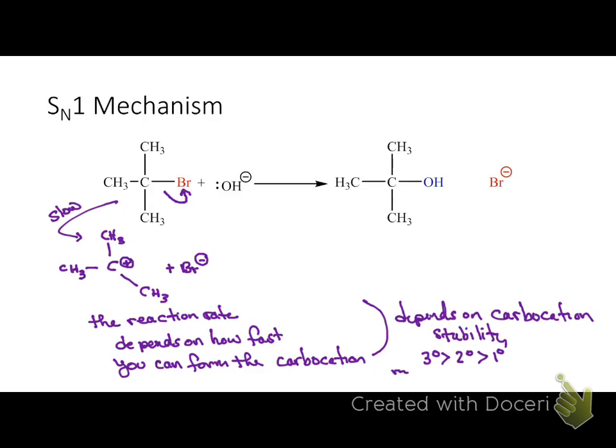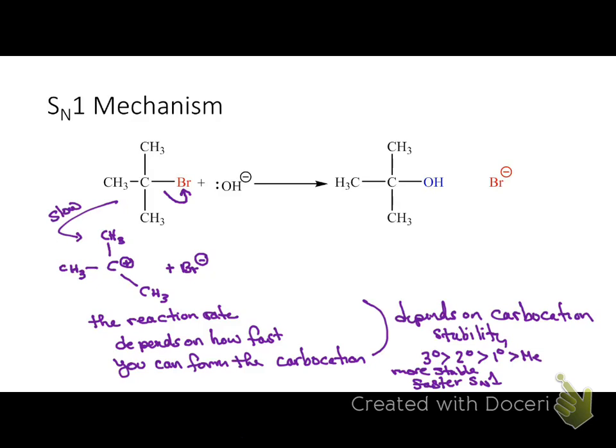So this is more stable, and it also means faster SN1. And then below this is methyl. Okay. I don't know if you can read that or not. So it depends on carbocation stability, right?